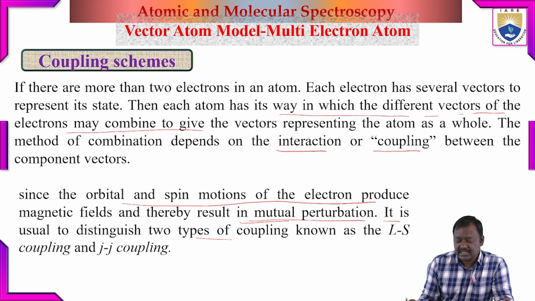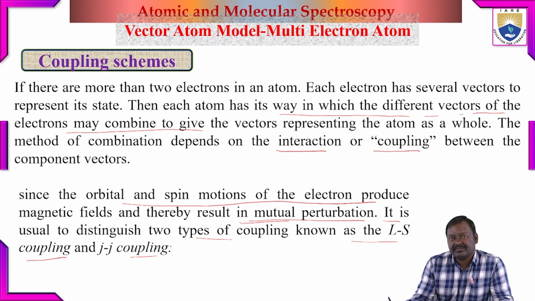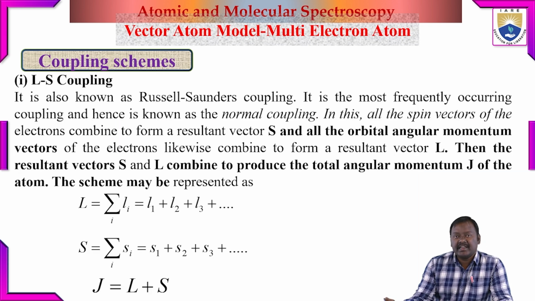Maybe there could be several other types also, but the more popular coupling schemes are of two types. One is known as LS coupling, and the second one is JJ coupling. These are two coupling schemes which are very important and very general. Those two are LS coupling and JJ coupling. So let us discuss LS coupling.